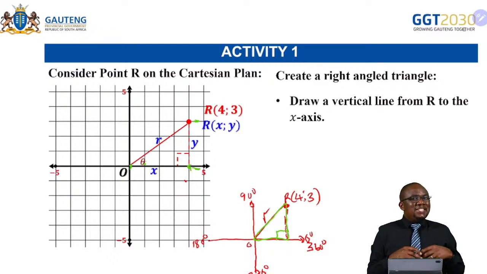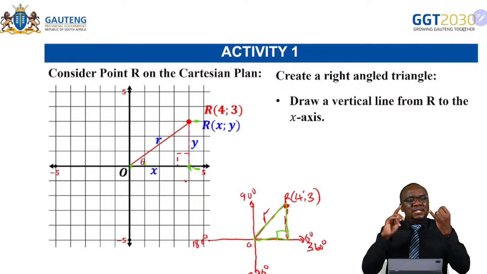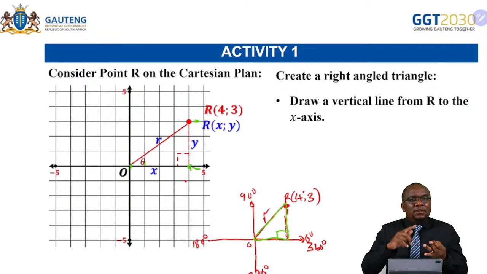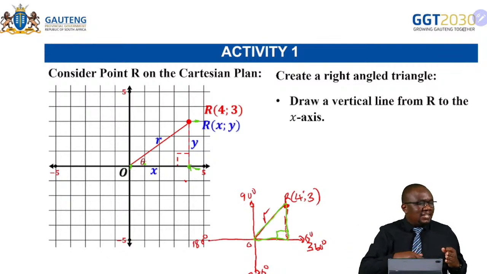So now, instead of using adjacent side, opposite side, and hypotenuse, we're going to use either X, Y, or R. And then we can be able now to define any ratio in any quadrant. Because now we're no longer using that.